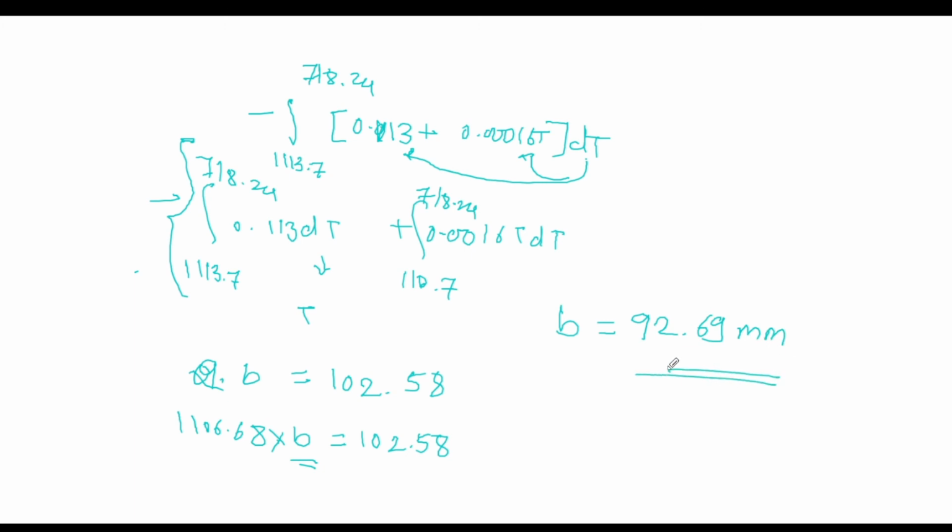That is, B will be equal to, in terms of meters, 0.09269 meter, that is 92.69 mm.